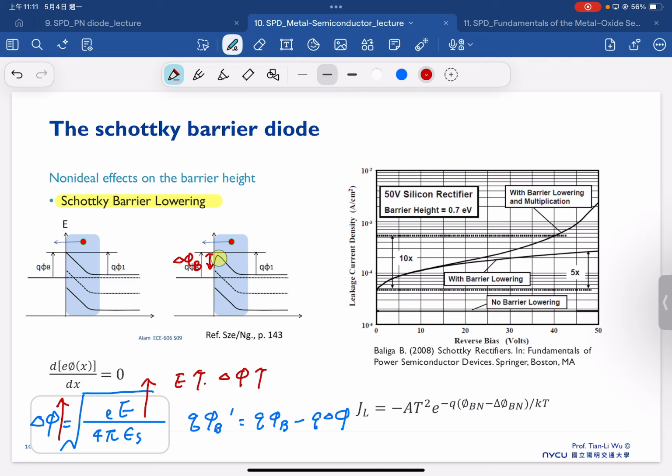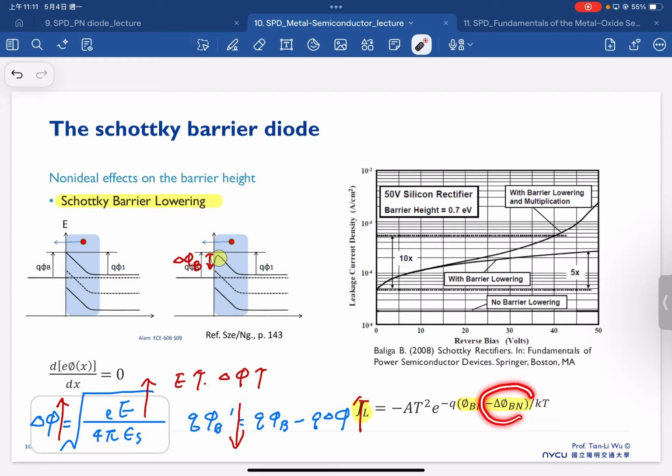So once you have a higher delta phi, for sure you will have a lower real barrier height between the metal and semiconductor. And from the analytical equation, we find that this will also influence our current, because this additional reduction of barrier height is correlated with the electric current as well.